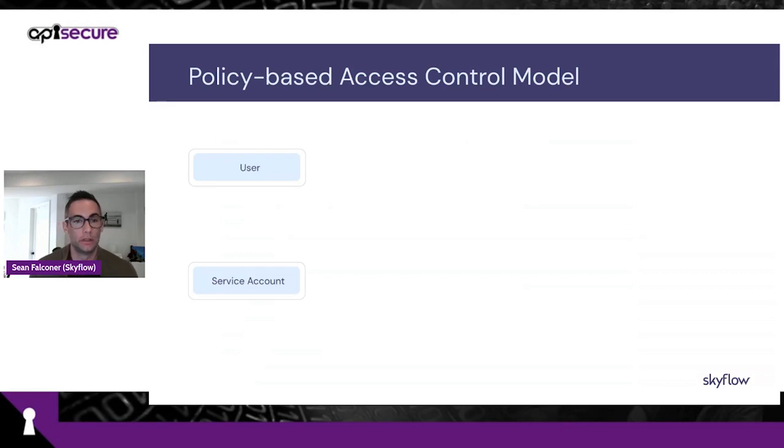What we've developed is something called a policy-based access control model to control access to being able to perform operations like detokenization. So the types of access that need to happen is either at a user level or a service account. A service account is how you programmatically access the APIs. And a user or service account is assigned a role. And then roles have a group of policies assigned to them.